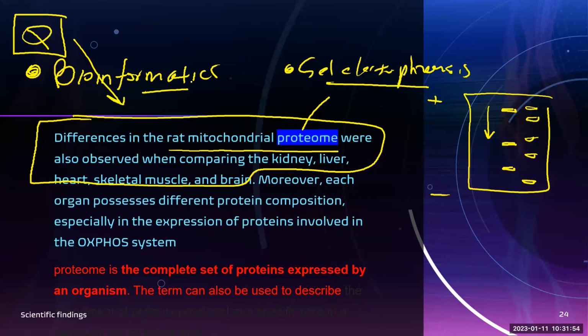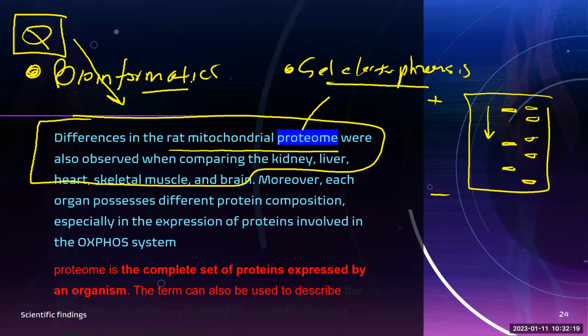right? Moreover, each organ possesses different protein composition, especially in the expression of proteins involved in the oxidative phosphorylation system. Now we check the brain, liver, kidney, and muscles, different organs. Their protein composition is different.